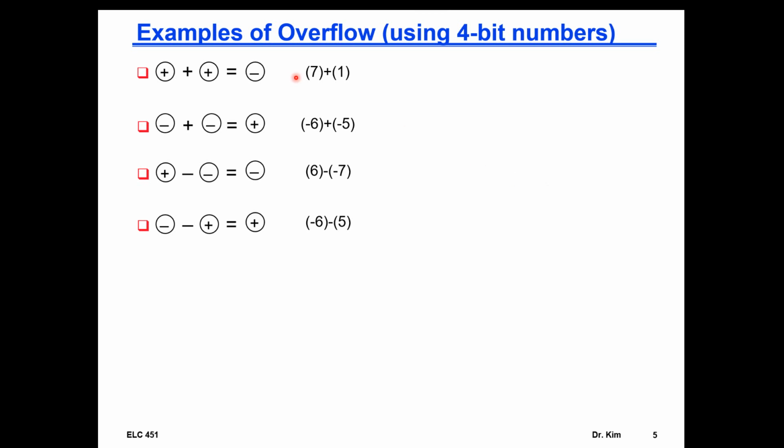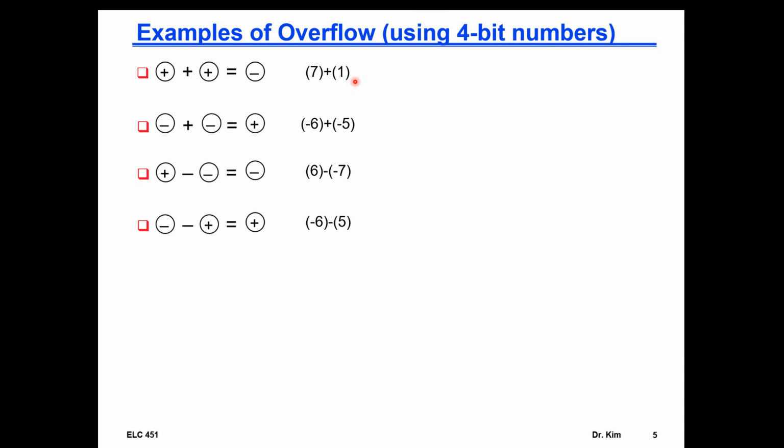So 7 plus 1. If we are talking about using 4 bits, how would that look? 7 would be, if we're using 4 bits, 0, 1, 1, 1, and 1 would be 0, 0, 0, 1.